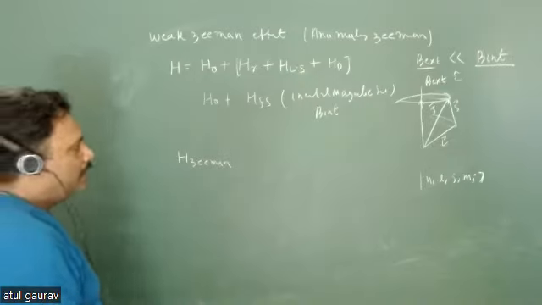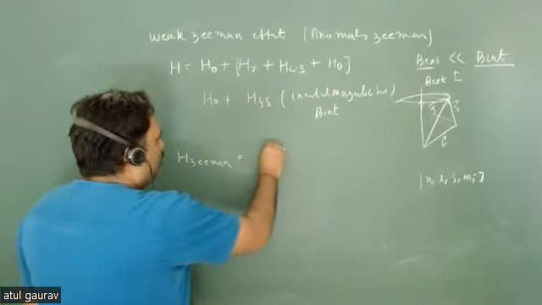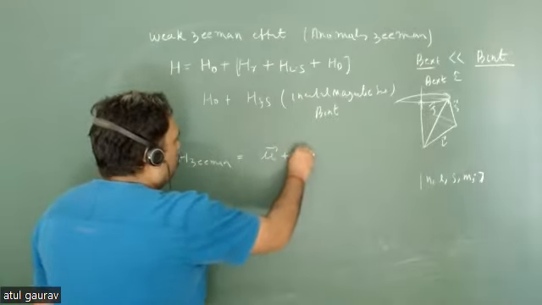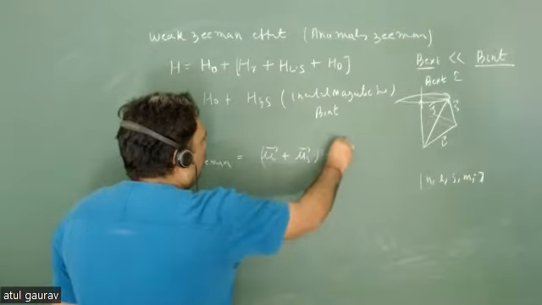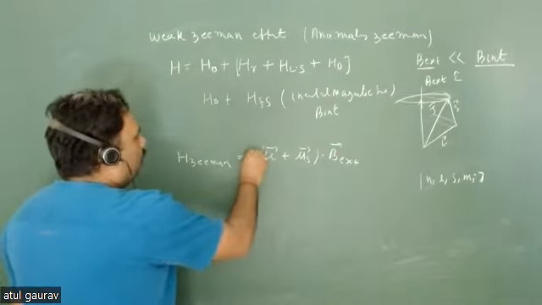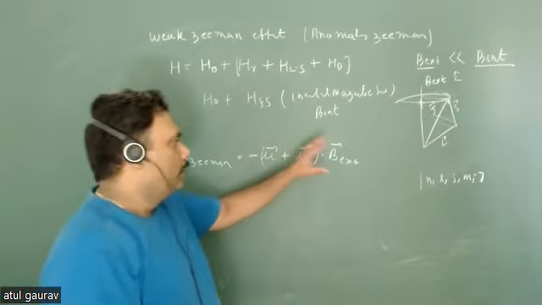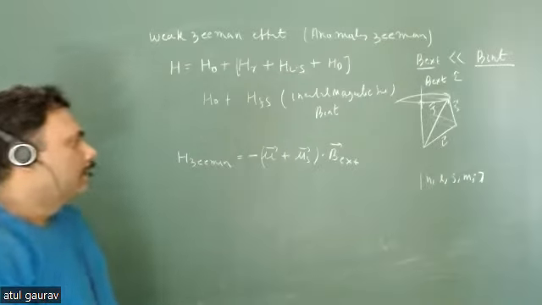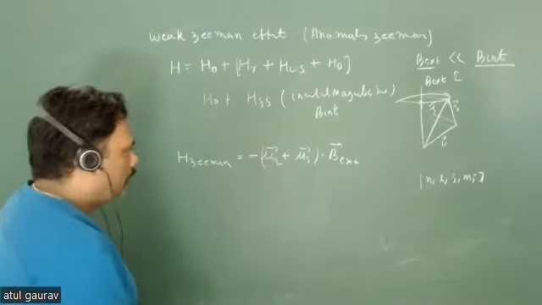H Zeeman is identified as minus (mu L plus mu S) dot B external, and the negative sign is there due to how the magnetic moment and this magnetic field interact.